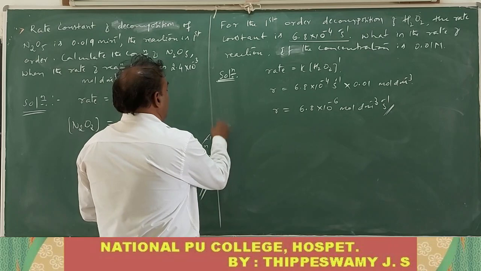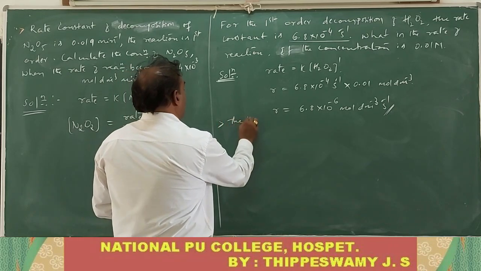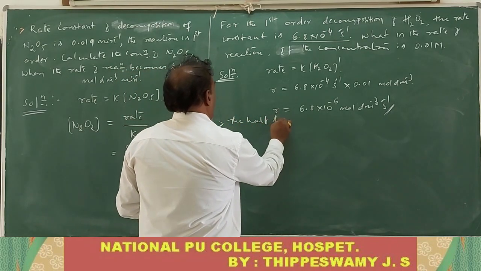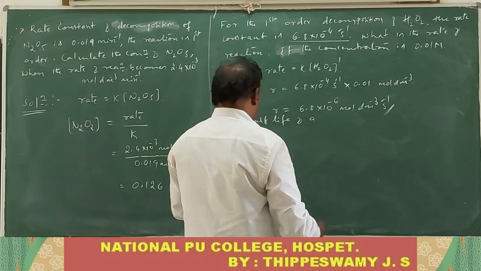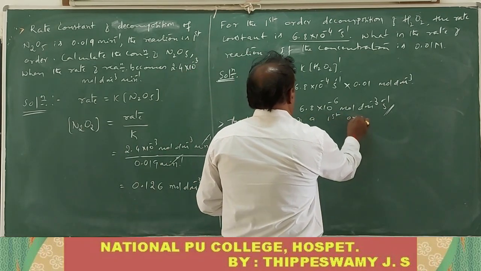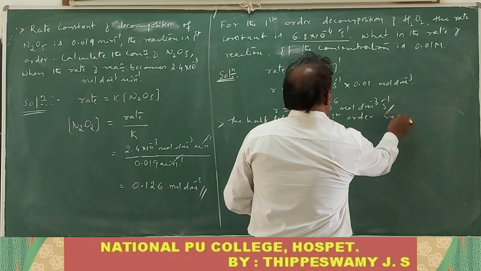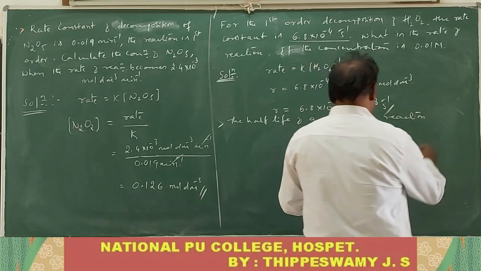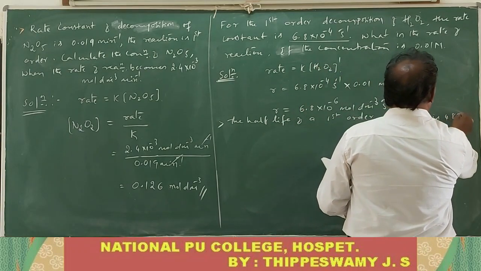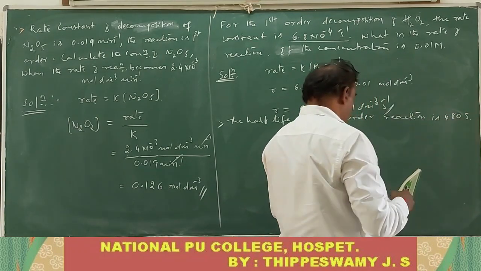Okay, next one I can take. The half-life of a first order reaction is 480 seconds.